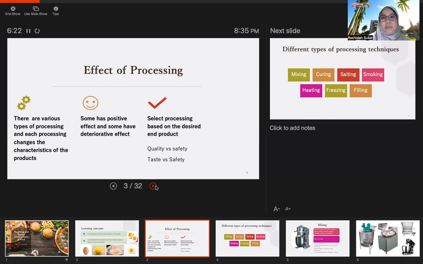The first one will be safety, and then quality comes in. Also taste versus safety: we want to produce food that is safe for the customer, and consider how much we can compromise the taste and palatability of the food produced.